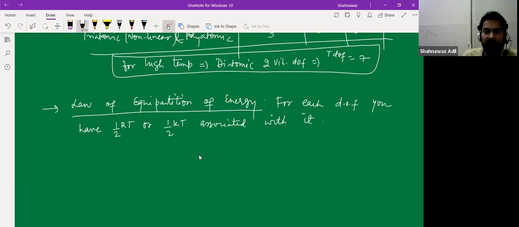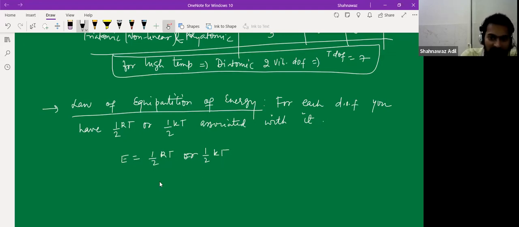Right. So your energy will be half RT or half kT. This is energy per mole, and this is energy per molecule. Right, guys?